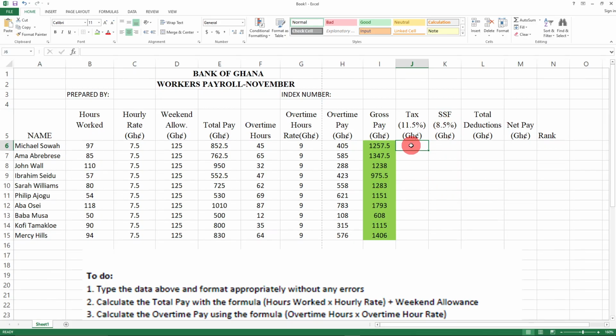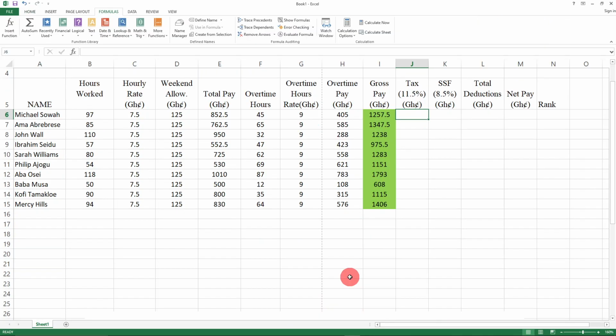Okay, so the gross pay is 1,257.5 Ghana cedis, and then the tax is 11.5.